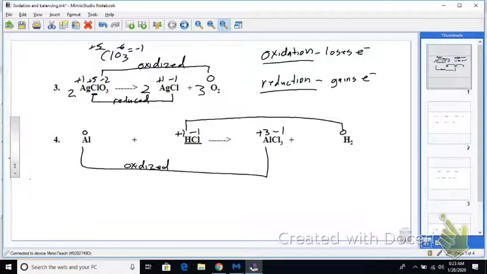And hydrogen, well, if aluminum's oxidized, the other one has to be reduced. Once you find one, whichever you feel is easier to determine, you can get the other. I think oxidation is probably easy. Well, I think reduction might be easier. So hydrogen goes from a plus 1 to 0, which means it lowers in value. So that one's reduced.